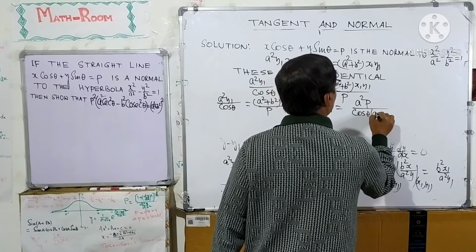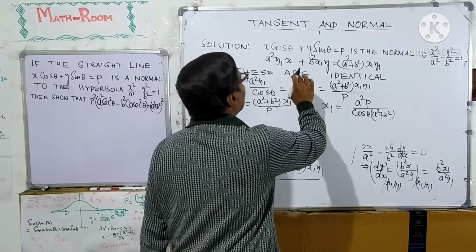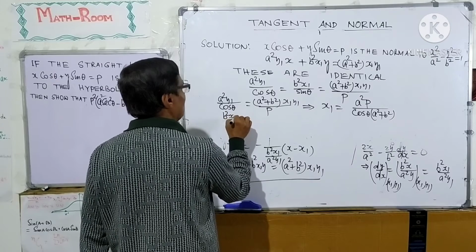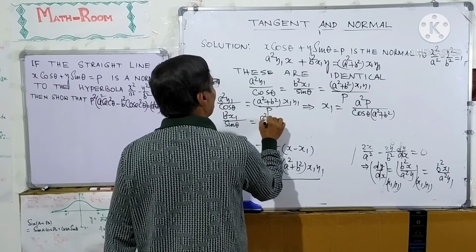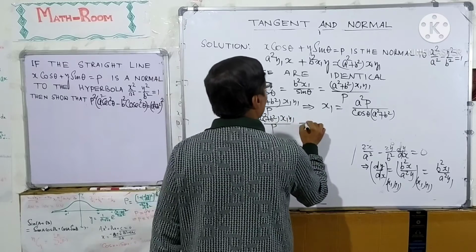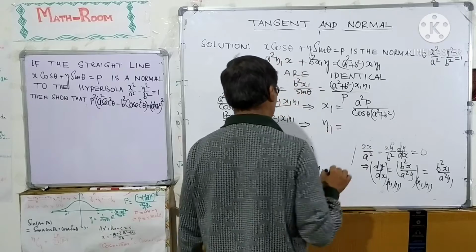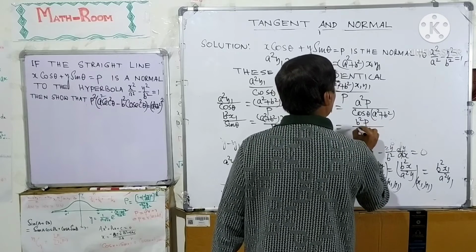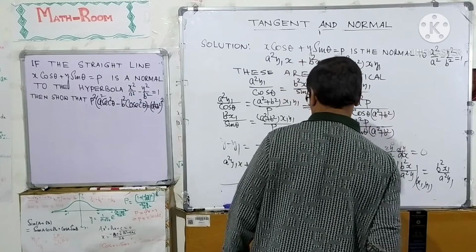into a square plus b square. Similarly, if we consider the second and third ratio, we get b square x1 over sin theta equal to a square plus b square into x1 y1 over p, which also implies y1 equal to b square p over sin theta into a square plus b square.